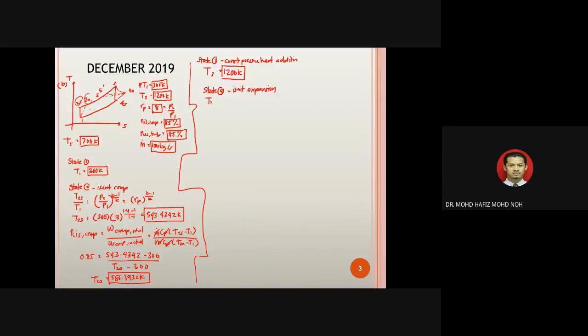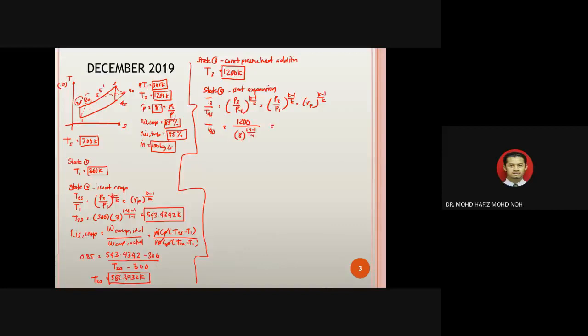So T3 over T4S is equal to (P3 over P4) to the power (K minus 1) divided by K. This is also equal to P2 over P1, and this is RP to the power (K minus 1) divided by K. So the value of T4S is equal to T3, which is 1200 Kelvin, divided by RP, where RP is equal to 8, to the power (1.4 minus 1) divided by 1.4.